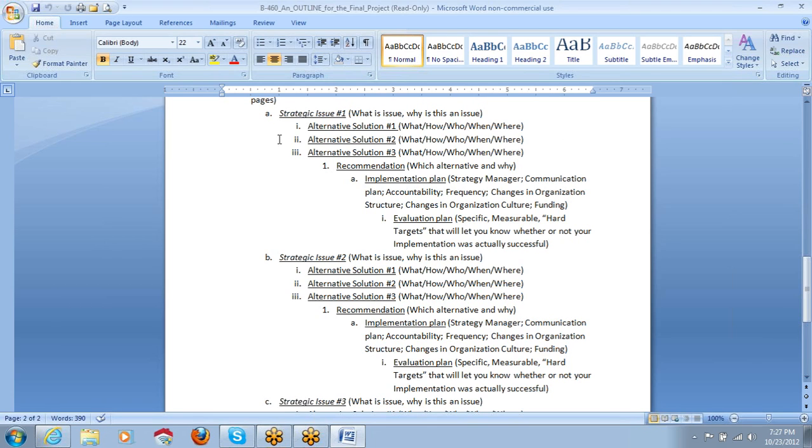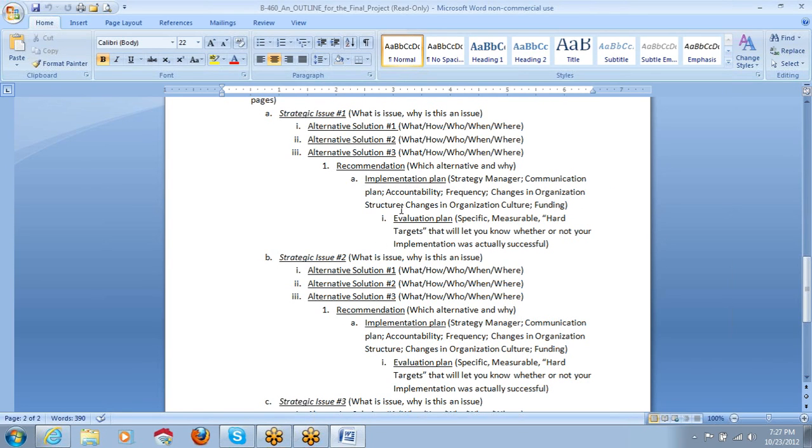Once you've come up with 3 solutions, pick the one that's your recommended solution. Tell me how you're going to do it. Yeah, but actually now I should point this out. This A right here, implementation plan, that does not get done until week 8.